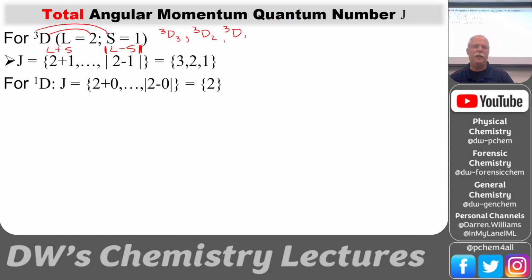Okay, for the singlet D, we have L plus S. It's a singlet, so S is equal to 0, down to L minus S. Since it's 0, L plus or minus S is going to be no change. So we only have one J value for the singlet D, and so that would be a singlet D2.